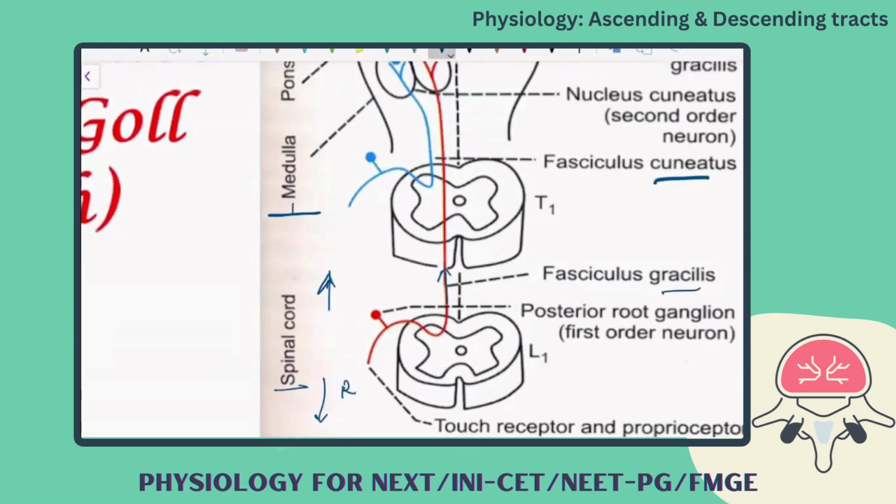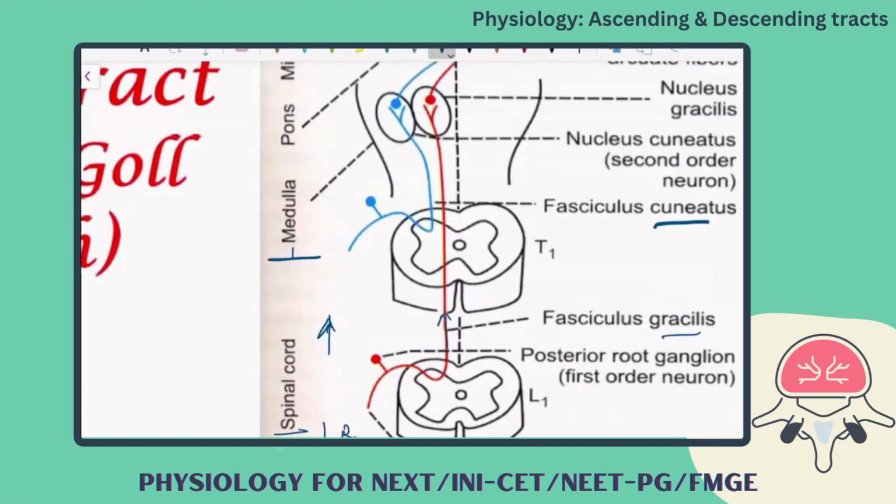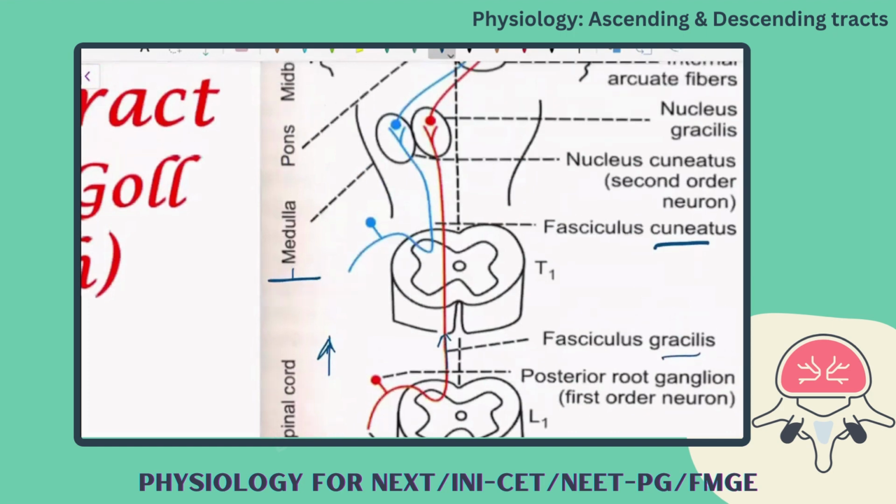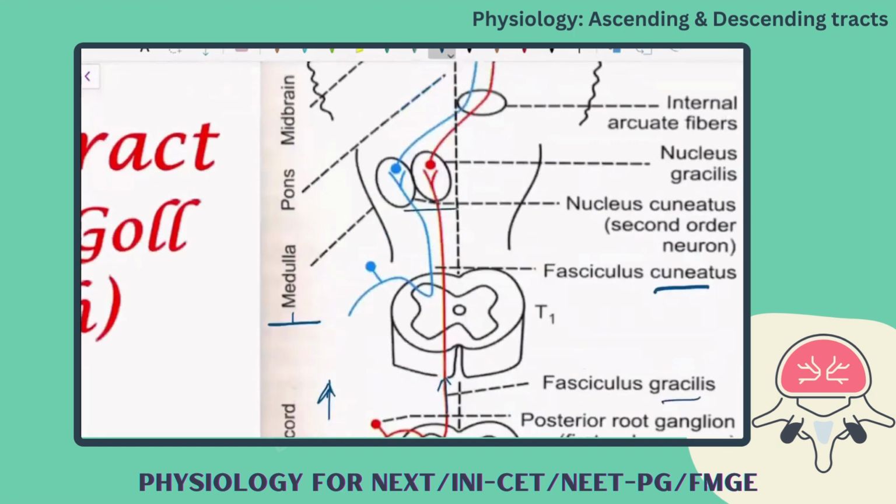In the medulla, you have the nucleus called as nucleus gracilis and nucleus cuneatus. So fasciculus gracilis, fasciculus cuneatus are the nerve fibers. Okay, then from the dorsal root ganglion, it is forming a synapse over here. It gives the nerve fibers, you call it as second order neuron.